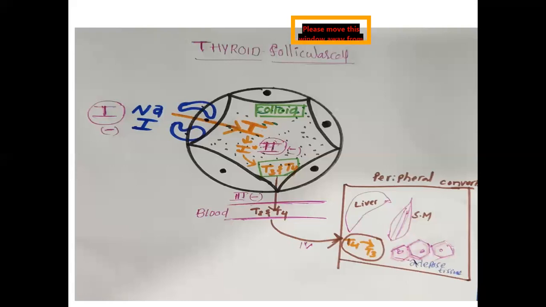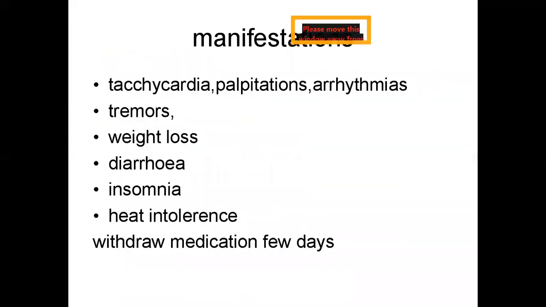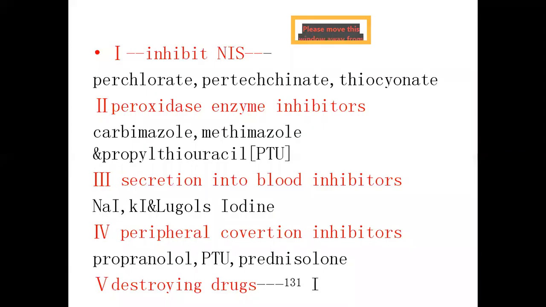And inhibitors of peripheral conversion are propranolol, propylthiouracil, prednisolone. The last group of drugs is the thyroid follicle destroying drug, that is radioactive iodine 131.